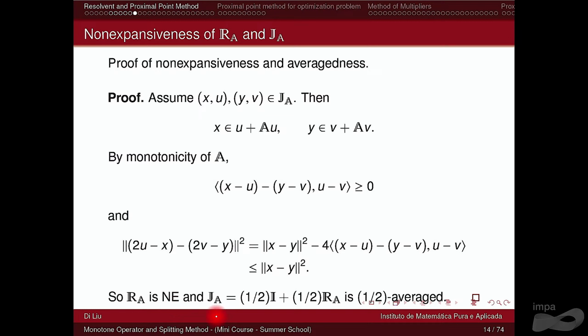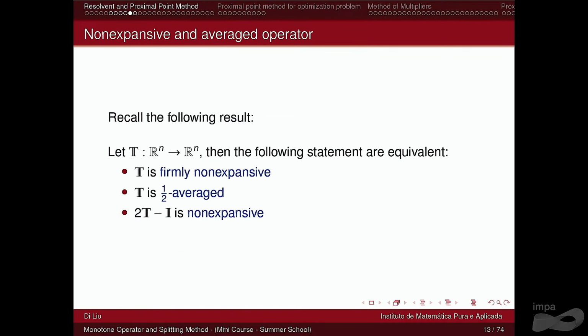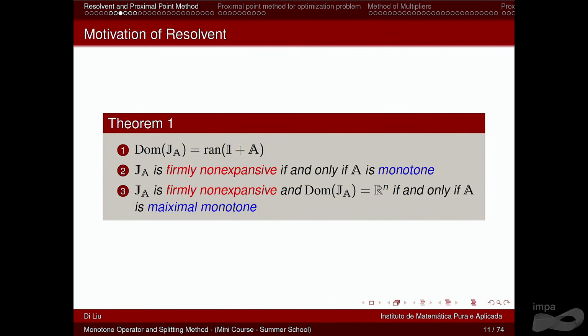So we can write the resolvent of A as the convex combination of I with the reflection, and the convex coefficient is 1 over 2. So it is 1/2 averaged because RA is non-expansive. So we finished the first part of the theorem. We proved that if A is monotone, then the resolvent is firmly non-expansive, which is 1/2 averaged.